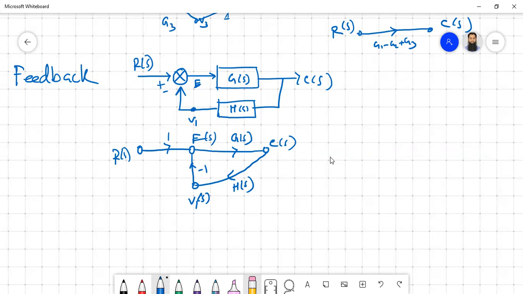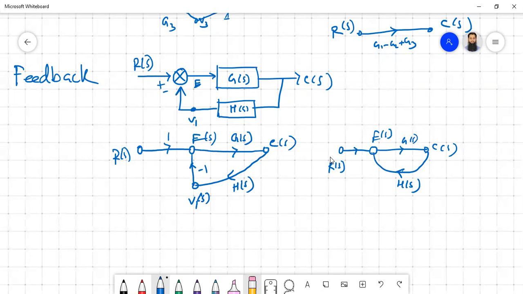So eventually what we are going to get is something like this: one value of R of S going with your G of S to E, then G of S to C of S, and then you have a minus H of S. So this is your signal representation of the feedback.